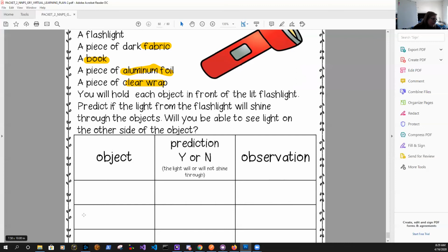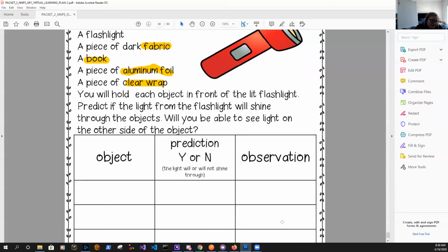So for the second one, you should have written the word book. You need to, before you do anything, write a Y or an N in this box if you think the light will shine through the book, or an N if you do not think the light will shine through the book. After you put a Y or an N in this box, you need to do it. Hold the light up to the book and see if the light shines through the other side of the book.